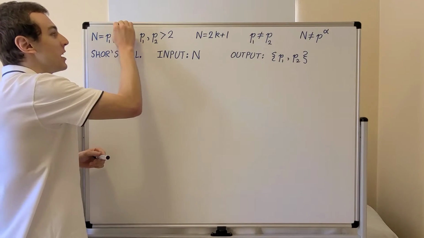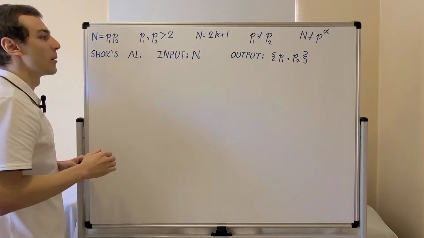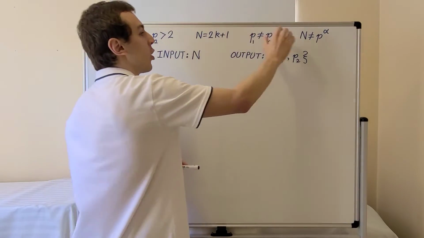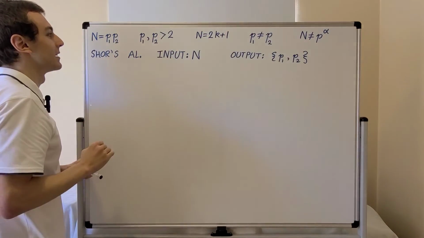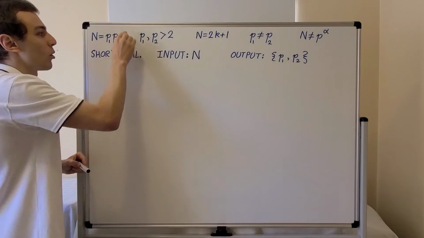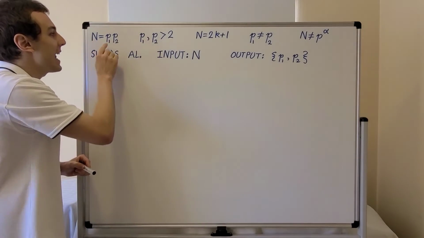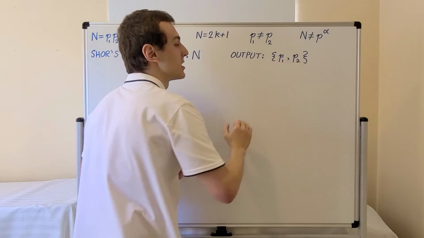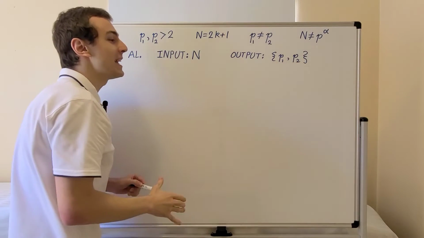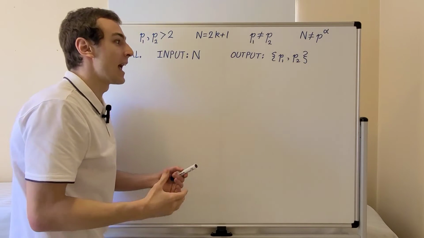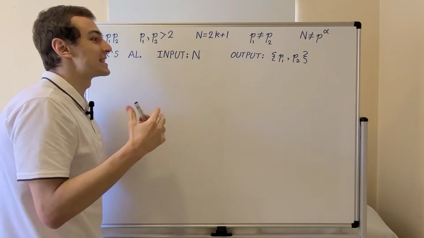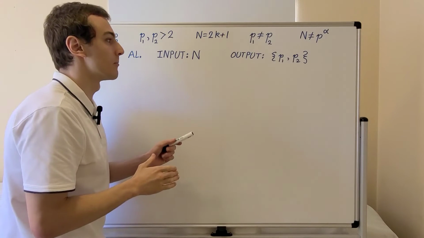We could have powers on top of these primes over here. But we're putting a lot of restrictions on what this capital N can be. And that's because this problem over here of factoring N into 2 prime numbers, this is the basis of many cryptography schemes. And it underpins a lot of cybersecurity in the modern world.